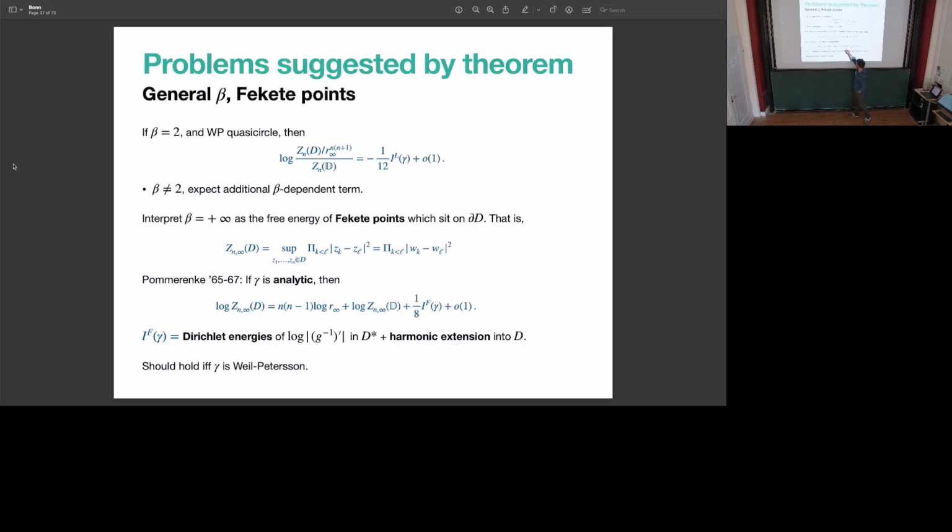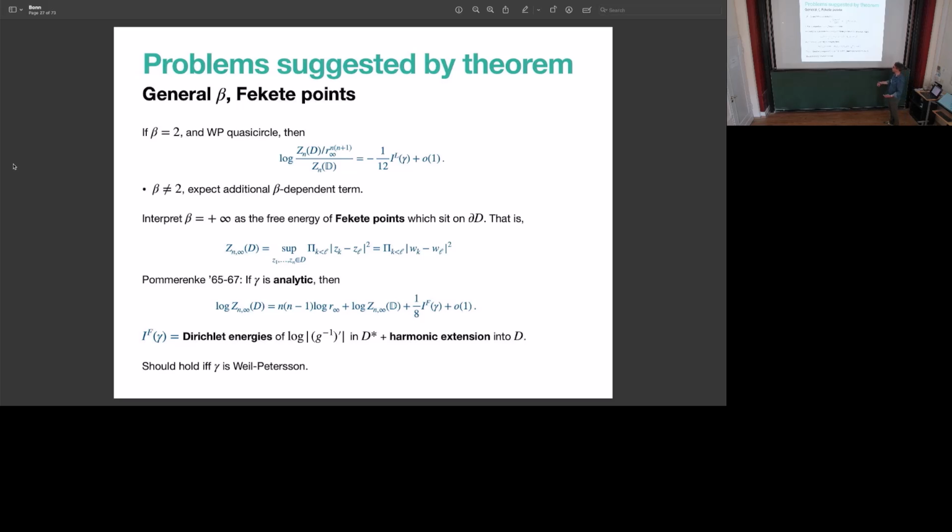Here you have n log n, but then there is a constant term, which is very closely related to the Loewner energy. So you have your curve, and then you have the conformal map that goes back to the exterior disk, so G inverse. You take the log of G prime of that. That's a harmonic function in the exterior of the curve.